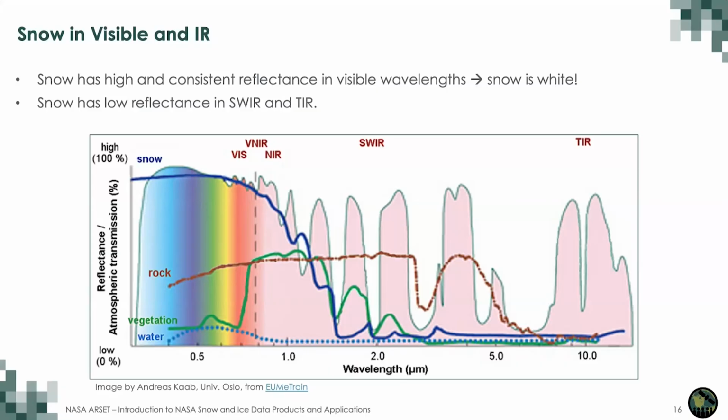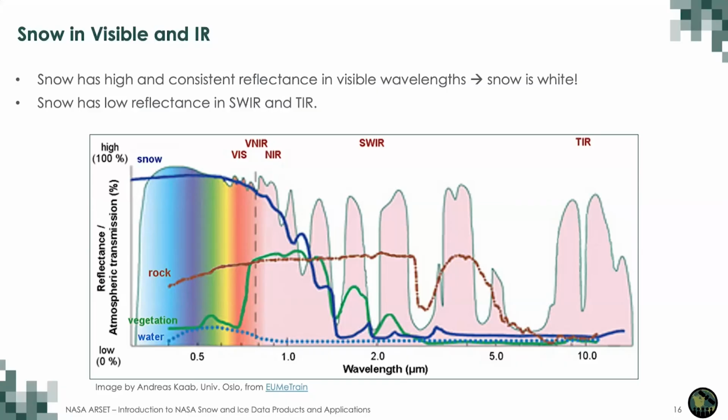That's an atmospheric window, so that's where we can see the sunlight. But snow is very high reflectance there. It's generally around 90% for pure snow, and it's also pretty equal across that entire visible range. And that's why snow is white.